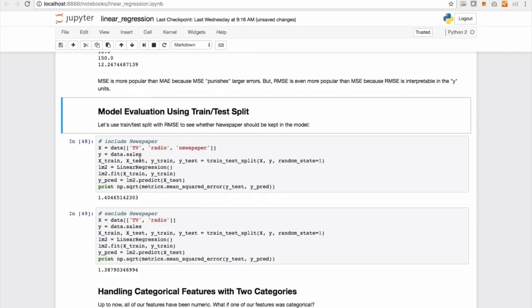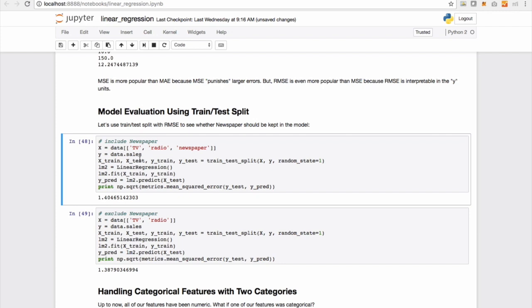So let's look at some of the model evaluation techniques using train and test splits. Again, I won't be going over this in great detail in this section. We'll definitely take this on in the upcoming sections, on the strategies for how to split your data into the training and test sets.